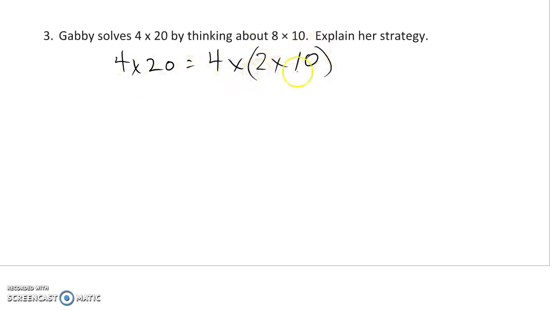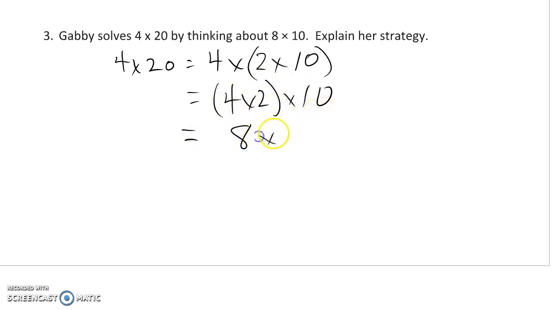Now we're going to move our parentheses around the 4 times 2. Don't forget about the times 10. What is 4 times 2? 8 times 10. So this is what she's doing, right? Which equals 80.